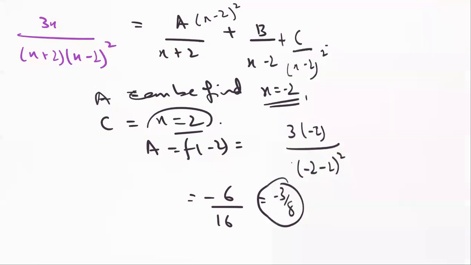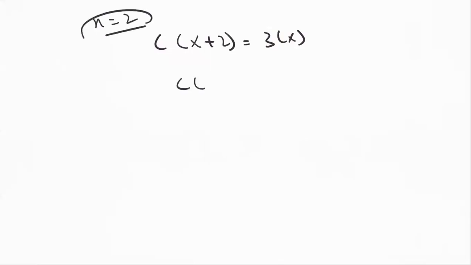Now C would have been multiplied with x plus 2. This is equivalent to 3x, and substituting the value x equals 2 in the equation, C(x plus 2) is equal to 3 into 2.